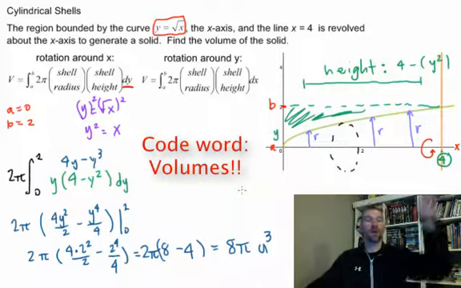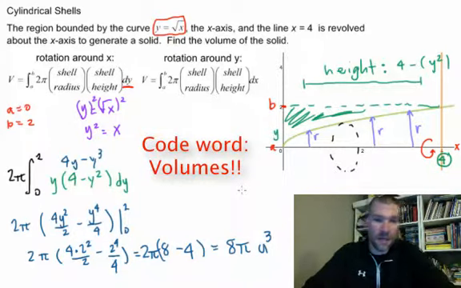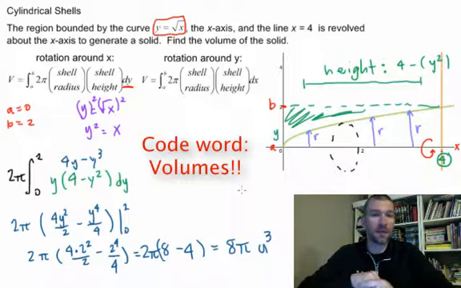There we go. There's the shell method for you, and it's a little bit different, it takes some practice, but it's one that you can do. So depending on which way you rotate depends on the setup, okay?